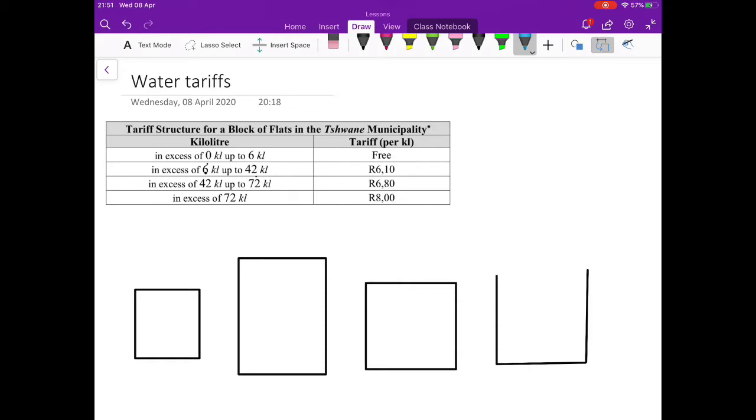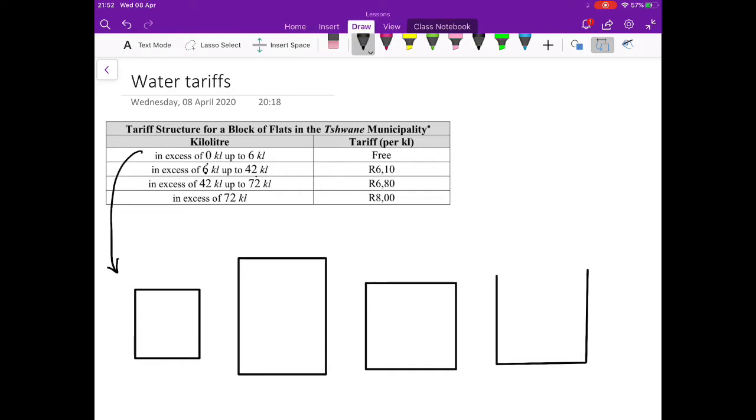So what I've done here, I've taken that bucket and depicted each of those as a bucket of water. So it's like going to the shop and buying a specific quantity.